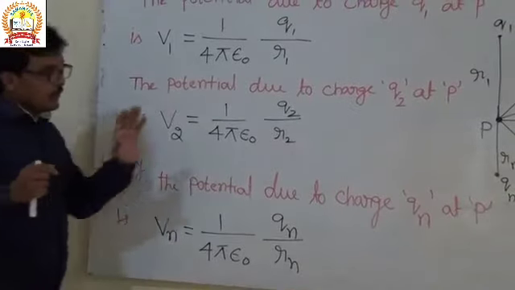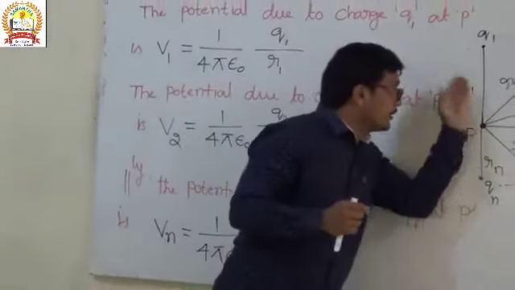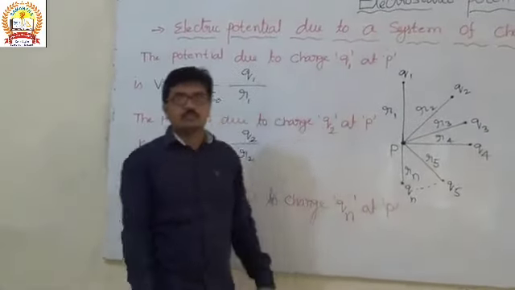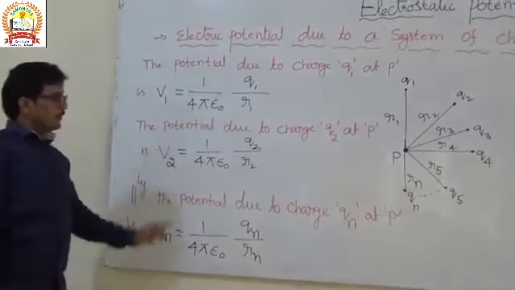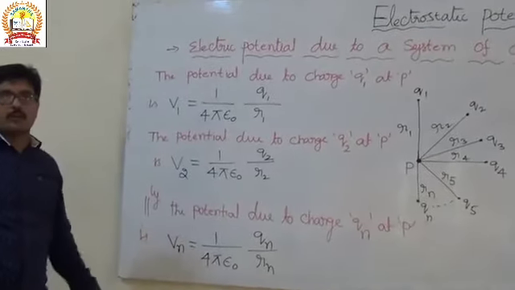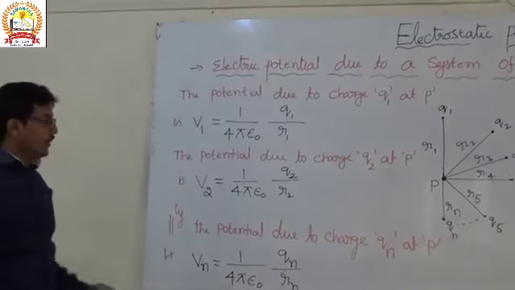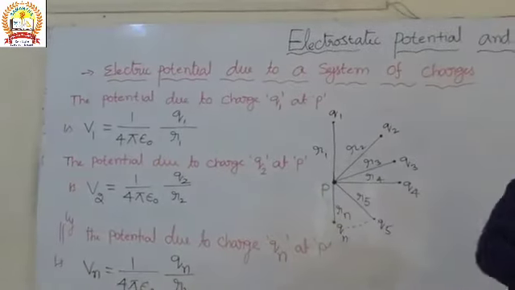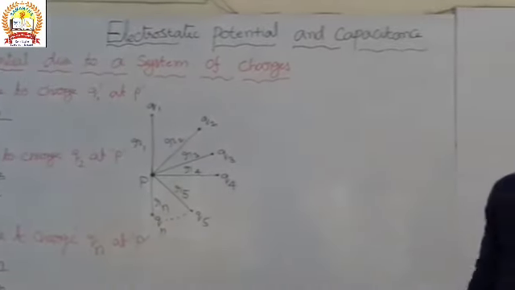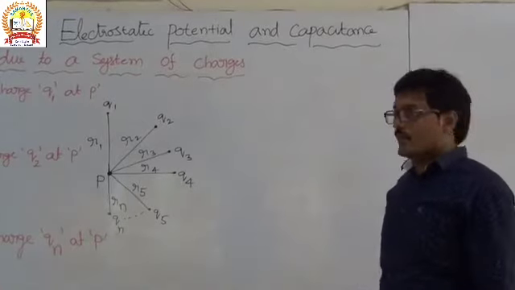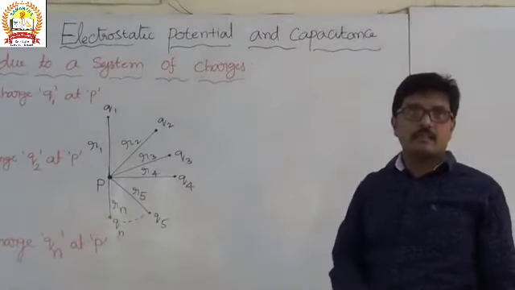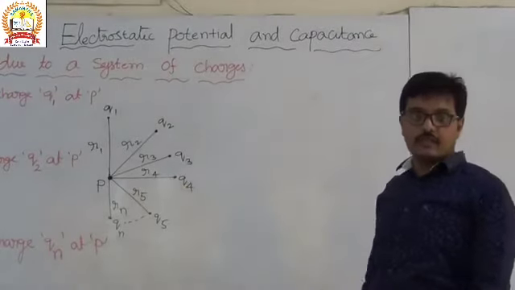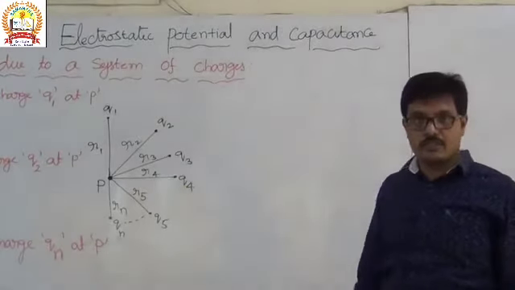We want the net potential at point P due to these charges. We know that potential is a scalar, so we cannot use the vector form to add the potentials.